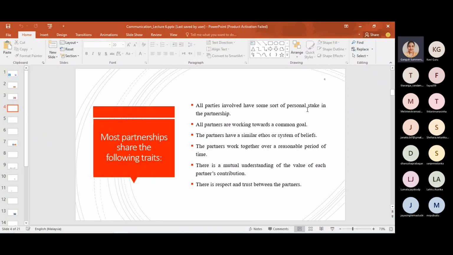And the other trait or characteristic is that there is respect and trust between the partners.